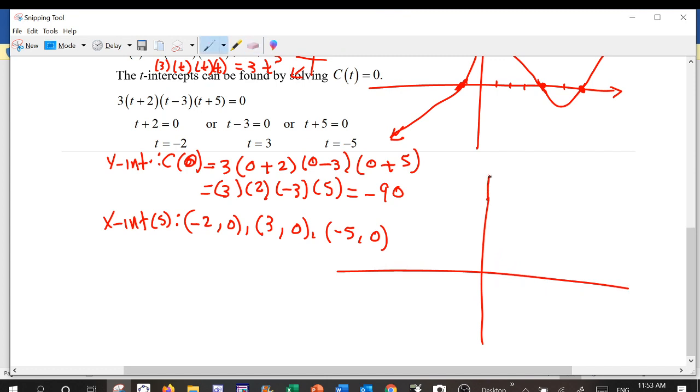We have the y-intercept, which is -90. Well, let's assume this is -90, and the graph is not drawn to scale, of course. So -2 is one x-intercept, -5, 1, 2, 3, 4, 5 is another x-intercept, and 1, 2, 3 is another x-intercept.